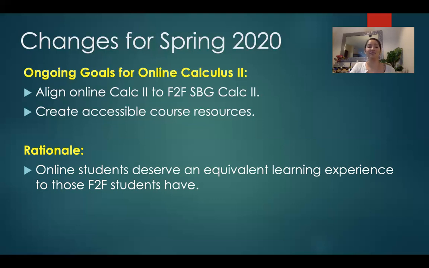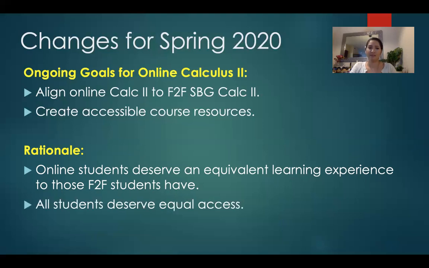We have to adapt to the environment that we're in, but we could still create experiences that were based on the same principles and have the same goals for the students, still have the same interpersonal goals, like social and emotional learning goals, what we would traditionally think of as soft skills goals in mind for those students. I wanted my online students to have that equivalent learning experience to what my face-to-face students were having.